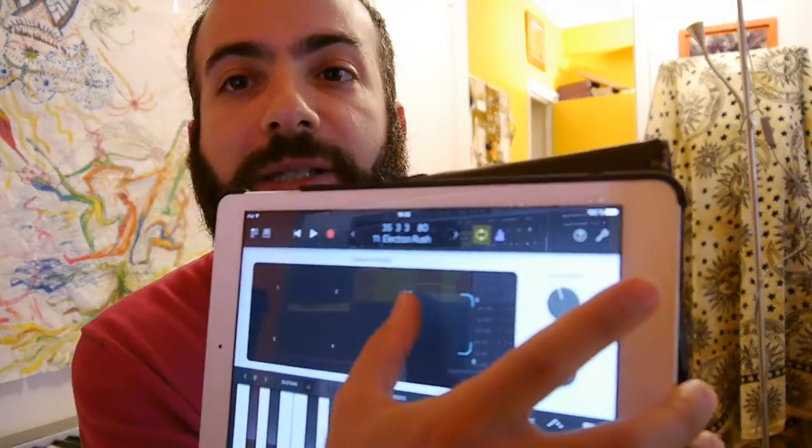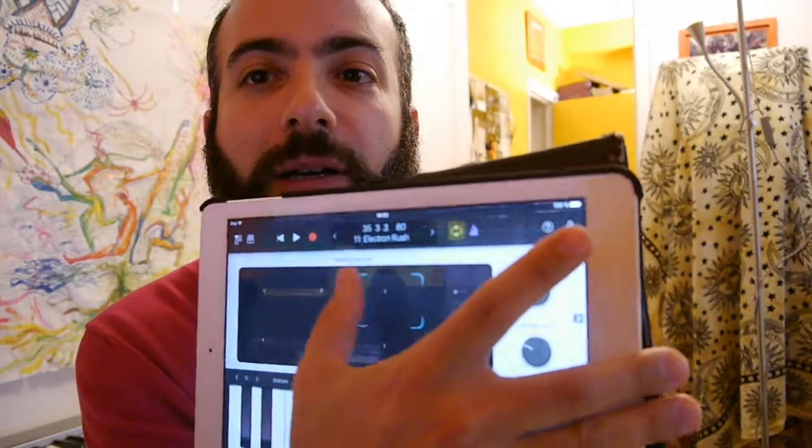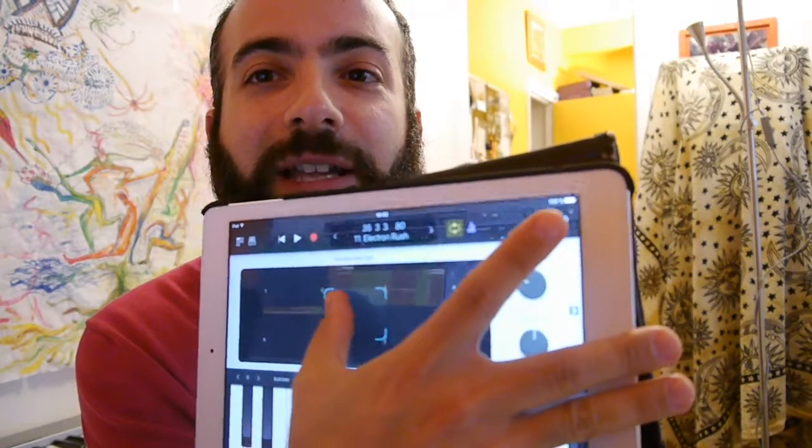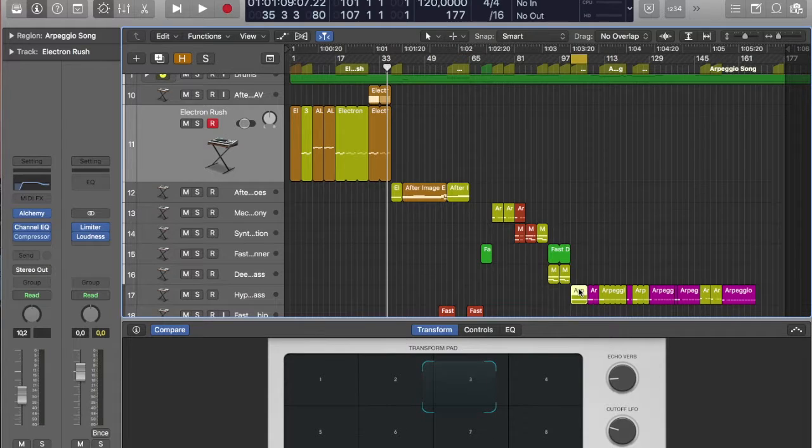But for me, moving this little rectangle is quite creative, because what I'm playing, I'm not playing with the pitch, I'm not playing with the rhythm, I'm playing with the timbre, with the color of the sound. For example, here.